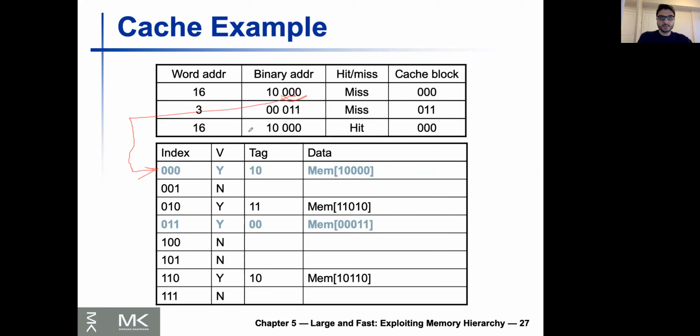So I set the validity bit to Y, which is valid now. And then I paid a price. I missed, went down, found the data from the memory, and brought it up. The same thing goes for this, which is the address with the block of 011, which was this.